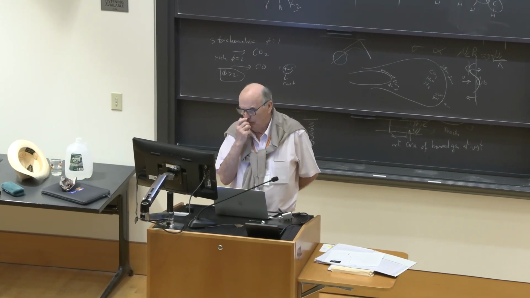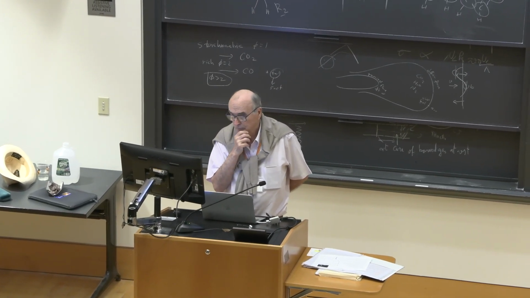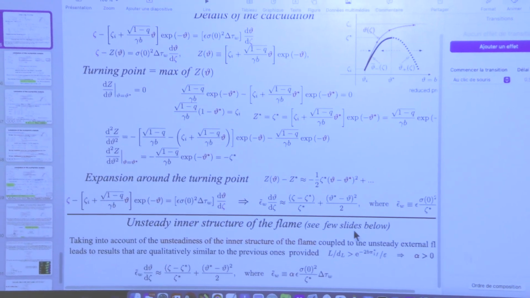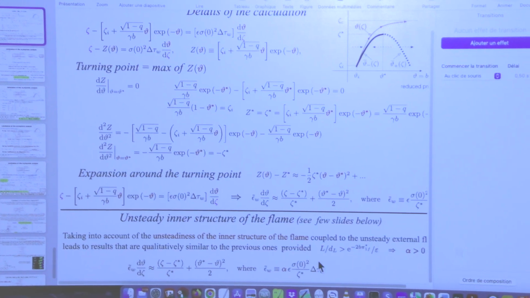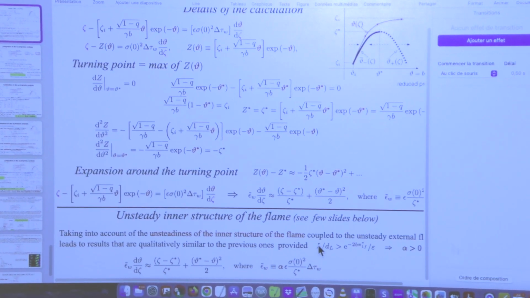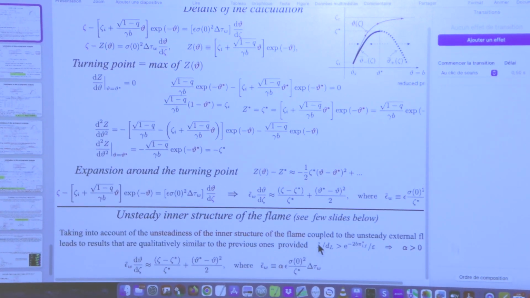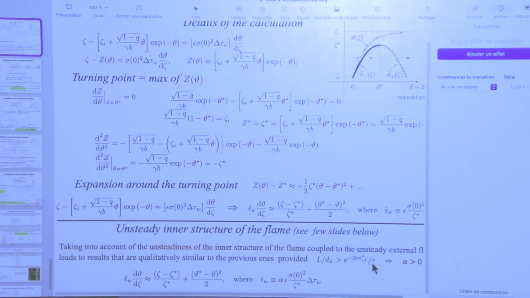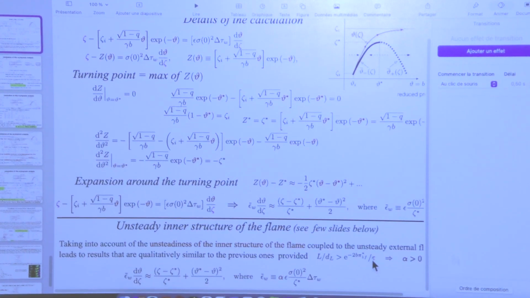It turns out, when you look carefully at the problem, that when you have such a relation, linking the size of the finger divided by the laminar flame thickness, it is larger than this term here, where epsilon is small. So it is a large number.